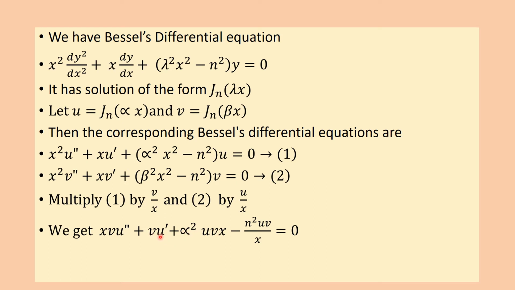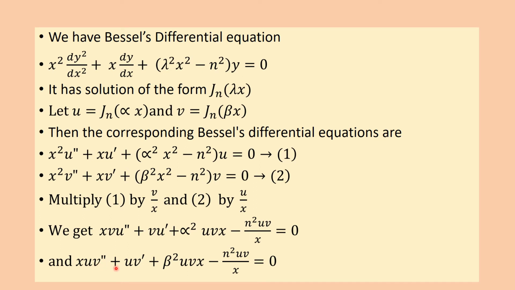Similarly, if you multiply u by x to equation number 2, we get x u v double dash plus u v dash plus beta square uvx minus n square uv by x equal to 0. Now, what happens if you subtract these two equations? First term minus first term of these two equations, that is x v u double dash minus x u v double dash.